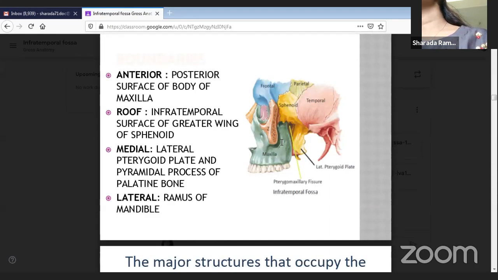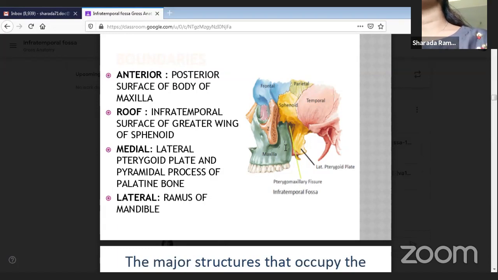And as the whole thing comes, it is also going to join another head, which is from the pterygoid fossa. Now, where is this pterygoid fossa? It is between the lateral and the medial pterygoid plates. Between the lateral and the medial pterygoid plates, you have a fossa. So it is going to get its origin from there.